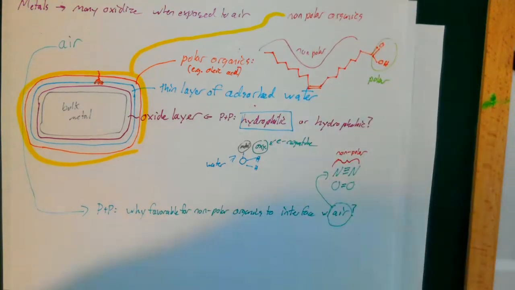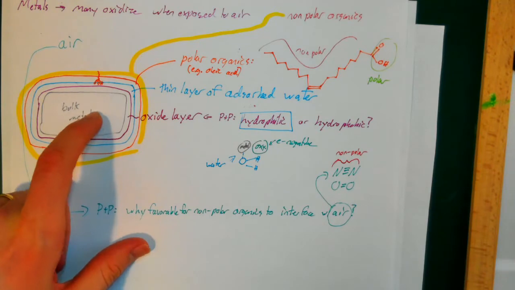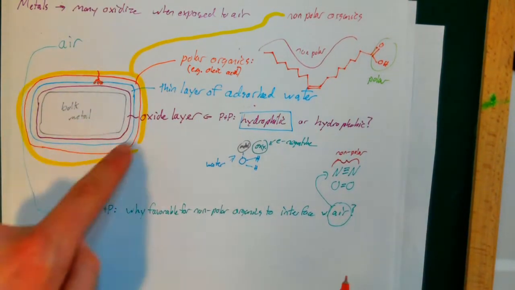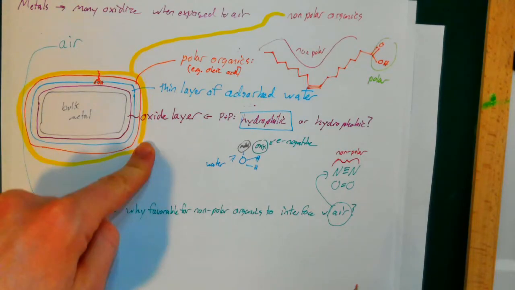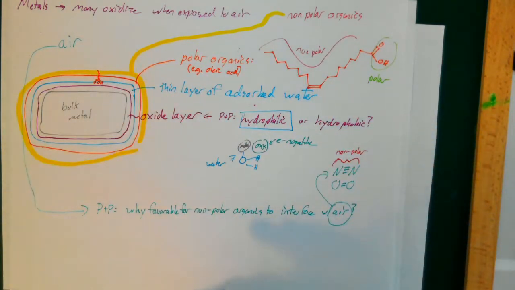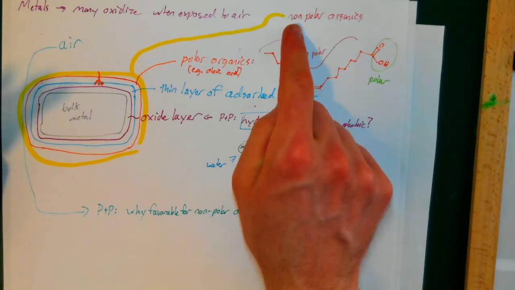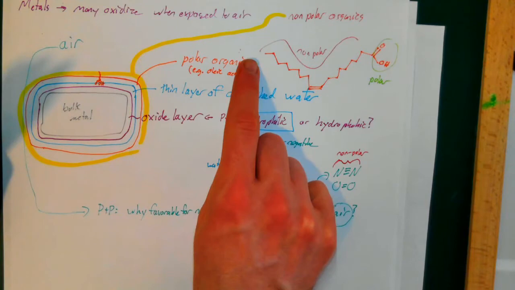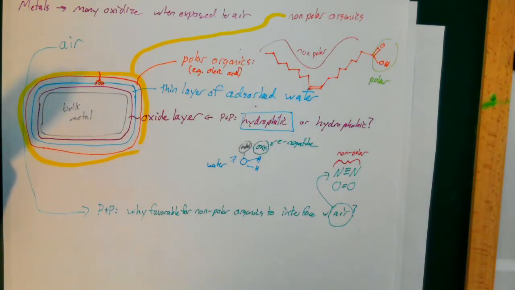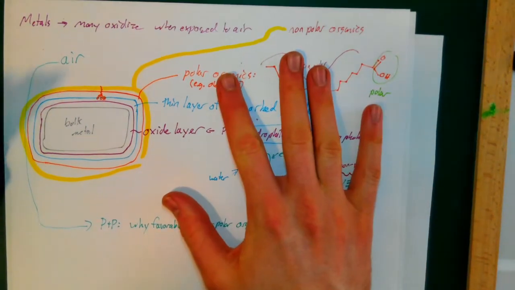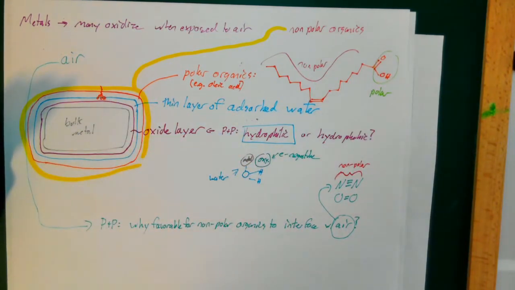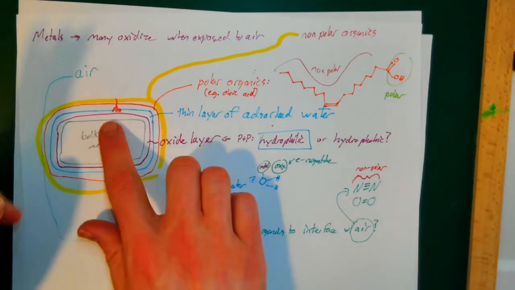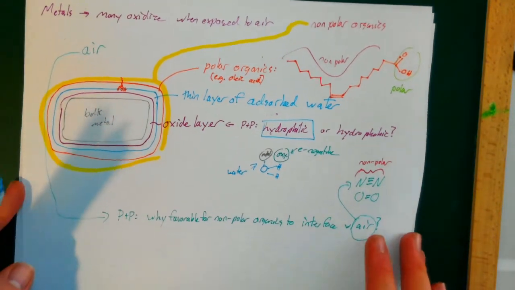So a lot of times when you go to characterize surfaces, you might try to develop intuitions about the bulk, but your measurements are affected by how clean the surfaces are. You might be able to use some very harsh solvents to try to strip off the nonpolar organics and maybe even the polar organics. You might be able to prepare your samples in very specific ways to avoid some of these layers forming. But when you're doing these surface characterizations, this is something you've got to watch out for.